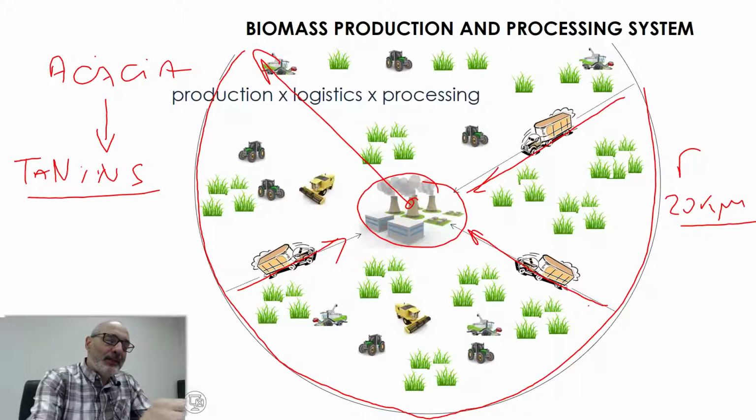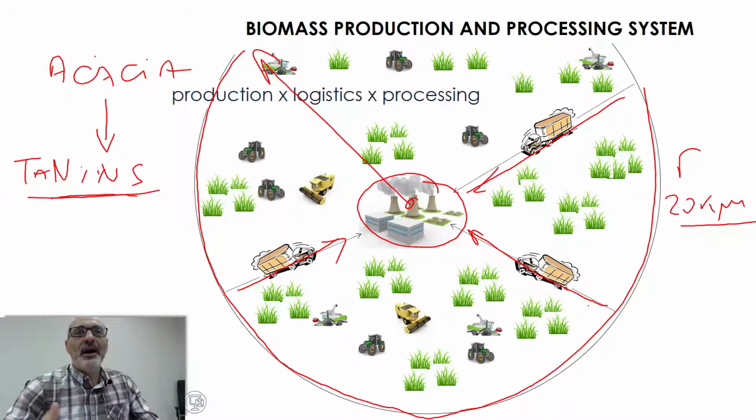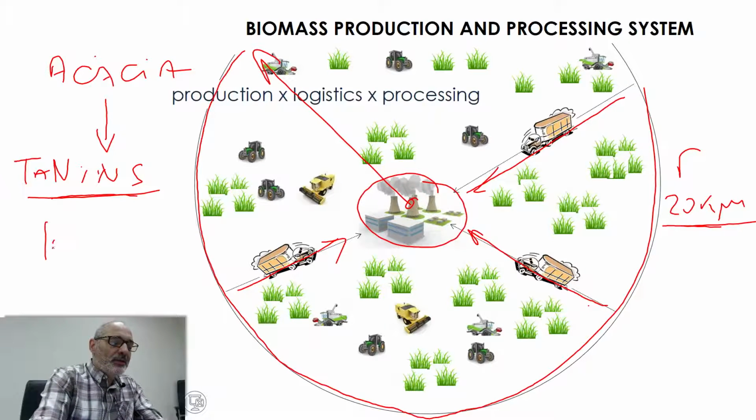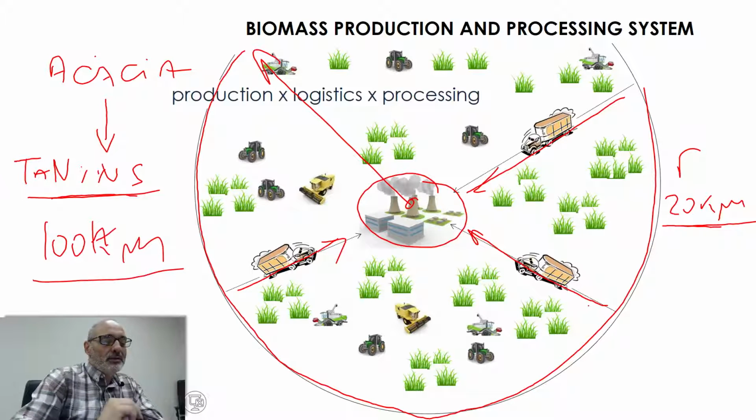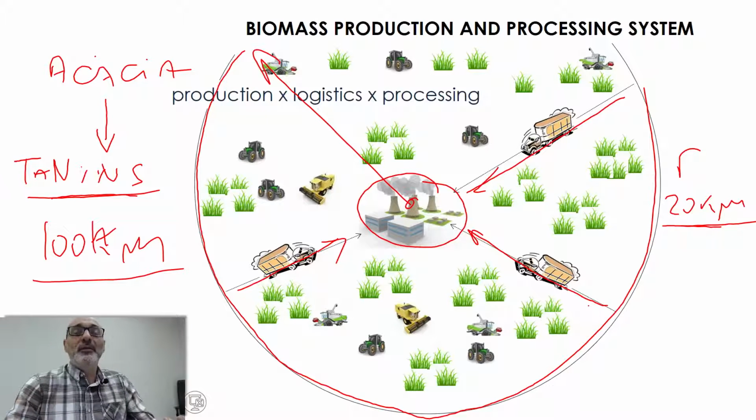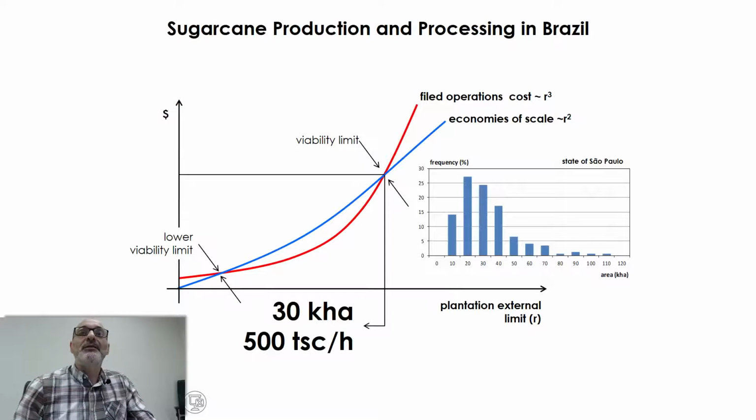So tannin has a higher commercial value than ethanol, and for the case of this agro-industrial system, the average radius is not 20 kilometers, it's 100 kilometers. So depending on the added value of the products, if it's ethanol or tannin, your limits are different. And this result here is for sugarcane here in the state of São Paulo.